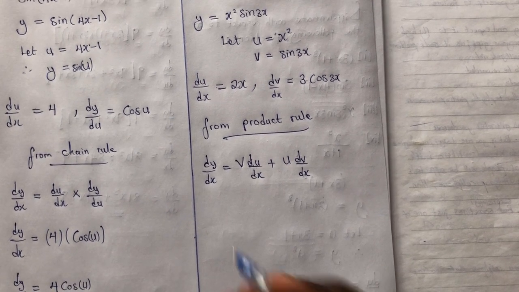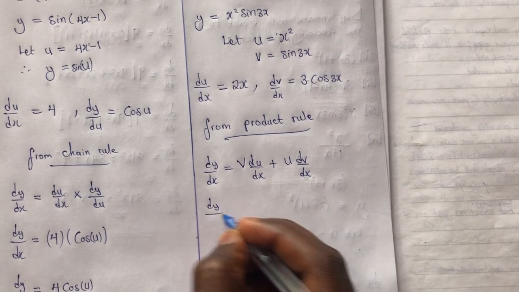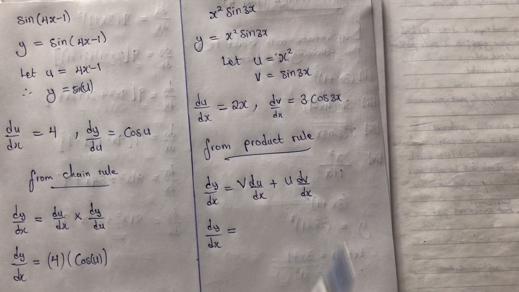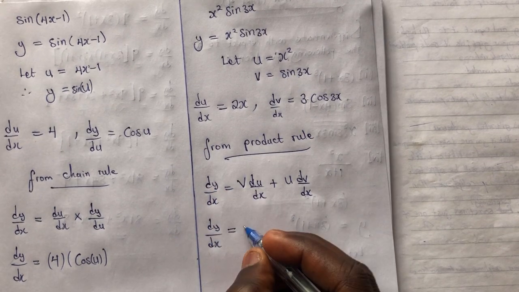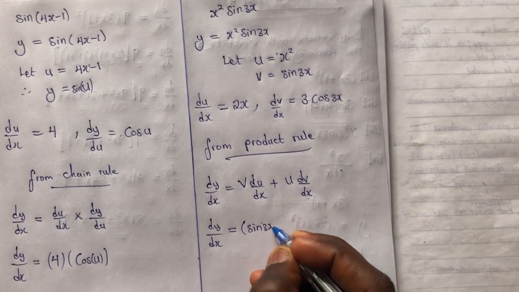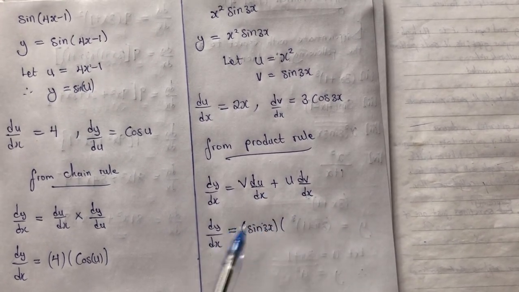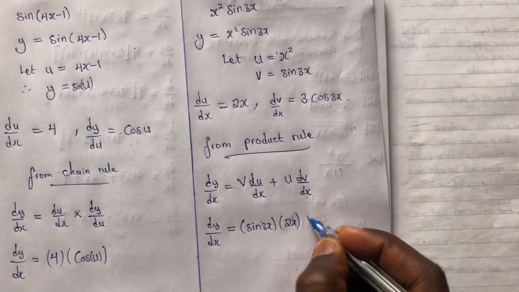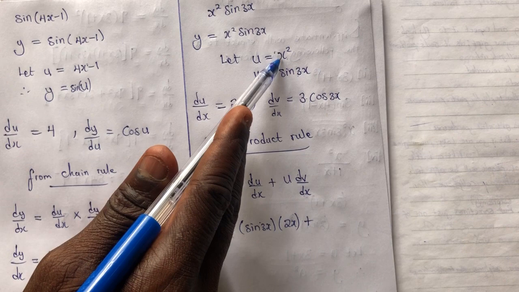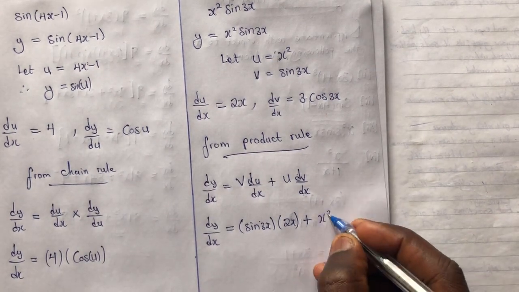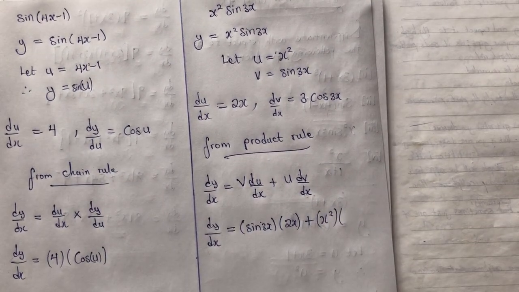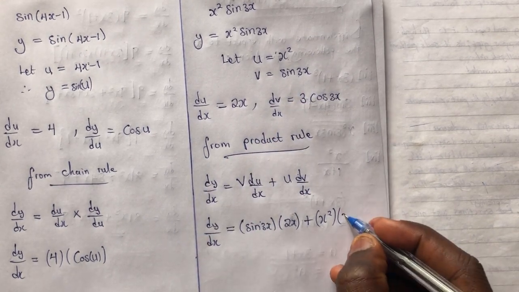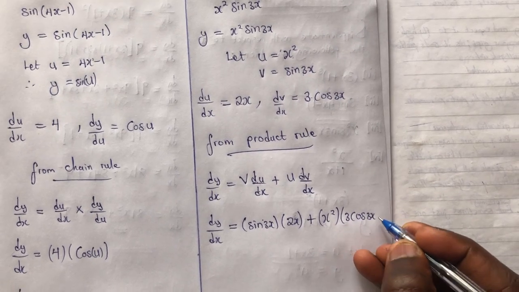So you substitute the values inside. We have dy dx being equal to, what was v? We said that let v be equal to sine 3x. So we have sine 3x multiplying the derivative of u, which was 2x. So we have 2x plus, what was u? u was x squared. So I'll put my x squared here, multiplying what was dv dx. It was 3 cos 3x.